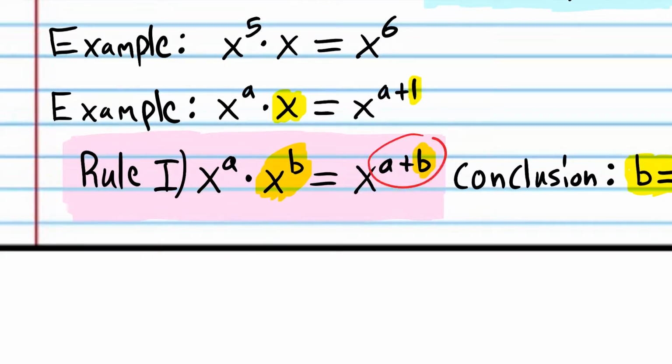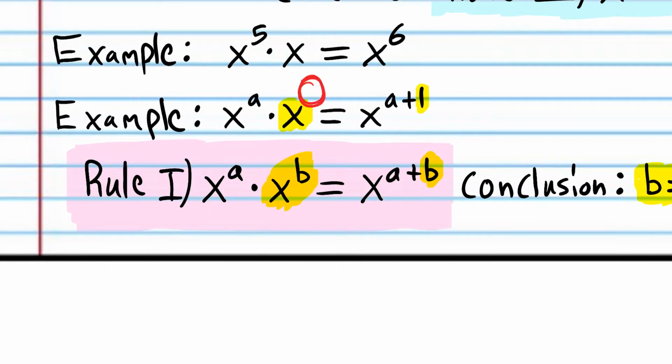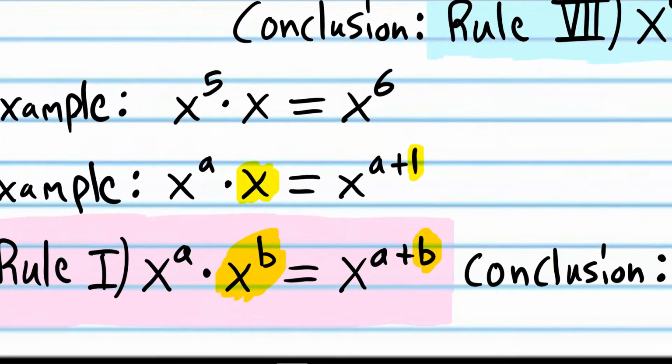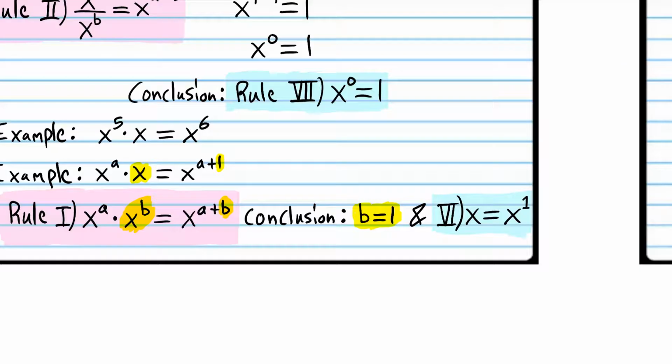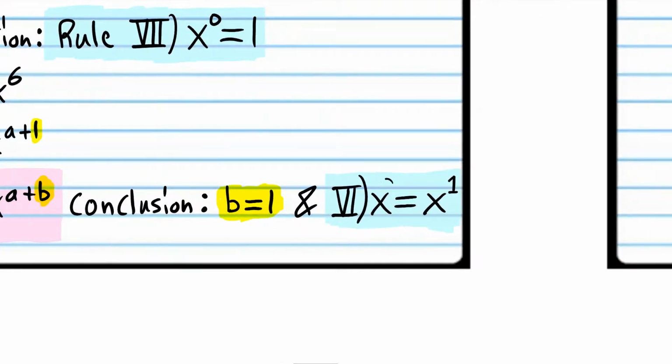But what is that number? What is b? What is the number that's supposed to go here? Well, that number has to be 1. So we conclude that this power here is 1. Whenever you have just an x by itself, the power is assumed to be 1. So there you have rule 6 restated there. X, any number is considered to be raised to the first power.